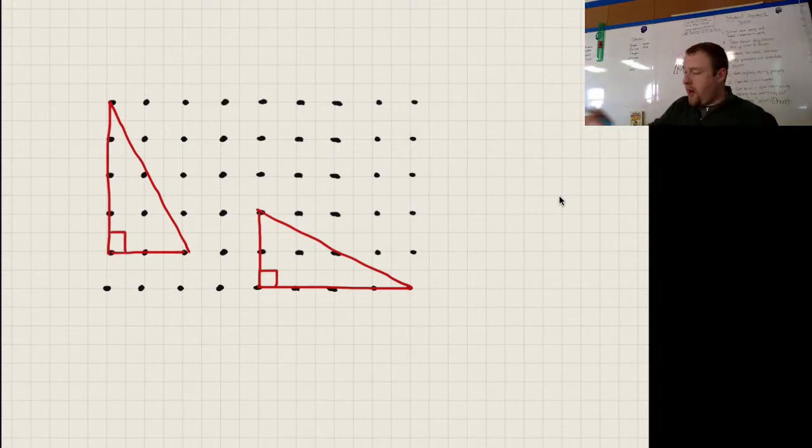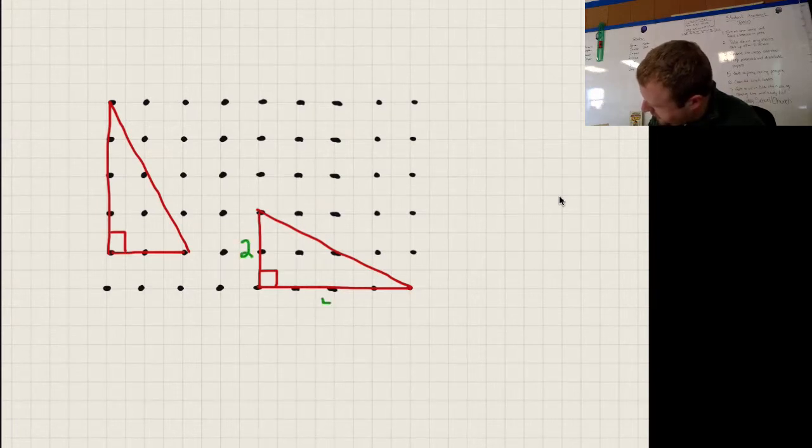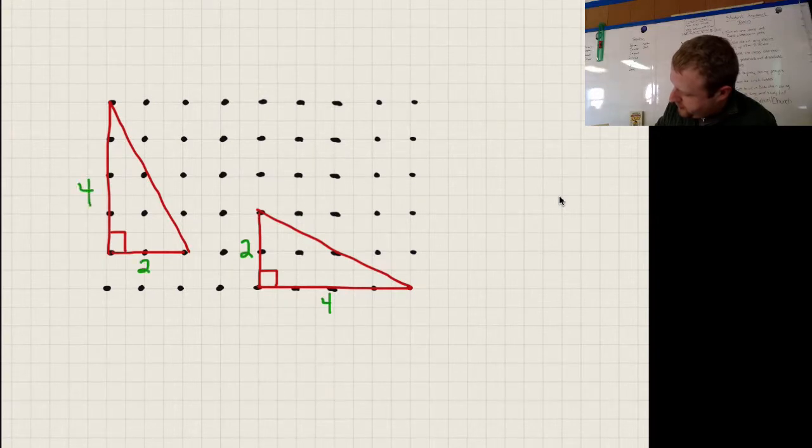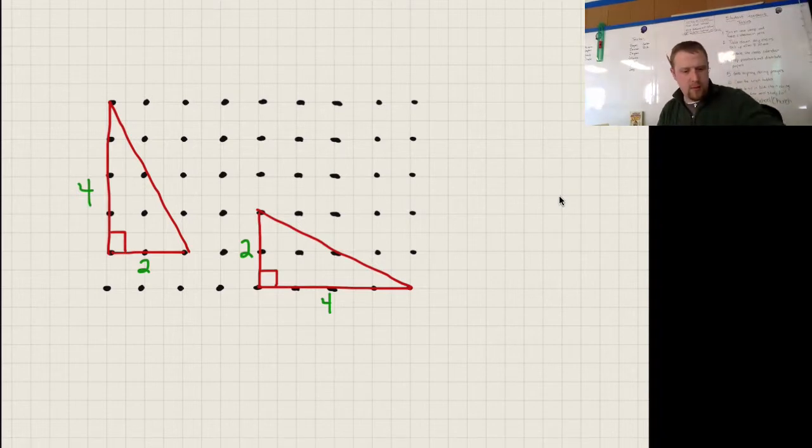And I'm going to go ahead and put the numbers in for each side. I'm going to tell you that this side is 2. This side is 4. This is 2. This is 4. Let me just figure out what the hypotenuse is real quick.